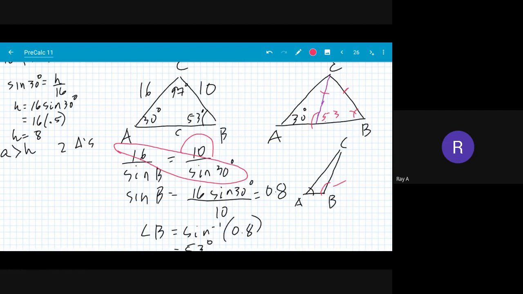So this one here is 127 degrees. Therefore, this angle here, angle C, would be 180 minus 30 minus 127. So this one here, angle C, would be 23 degrees. Okay?